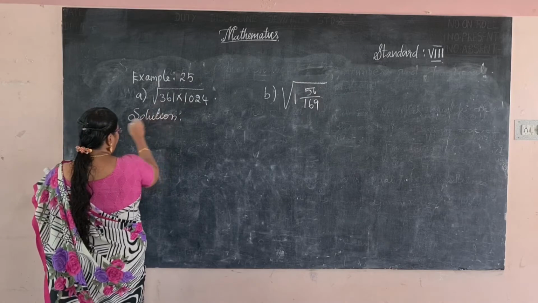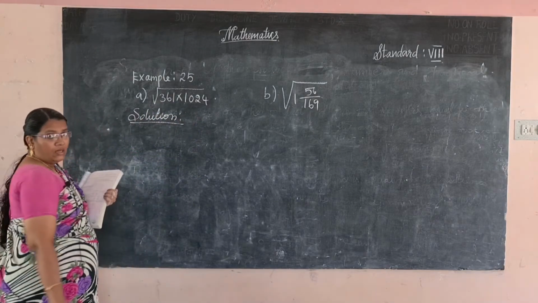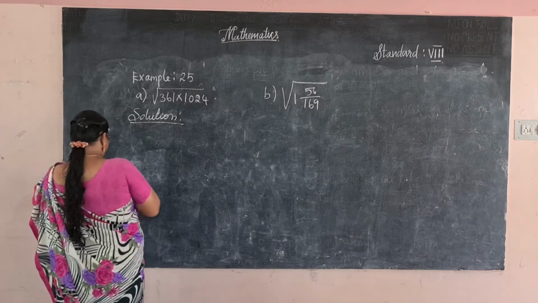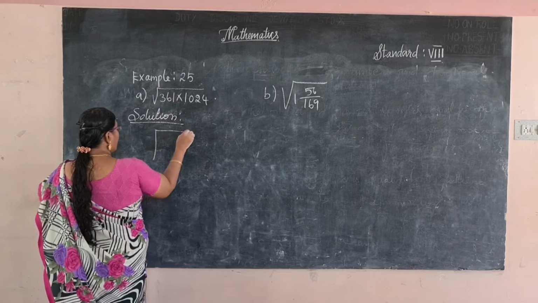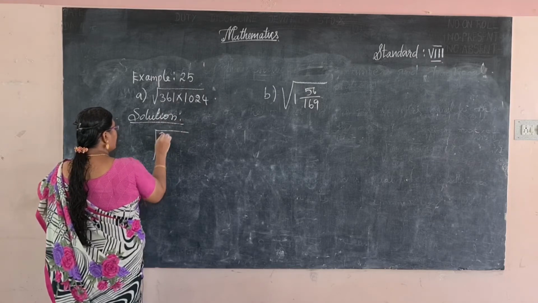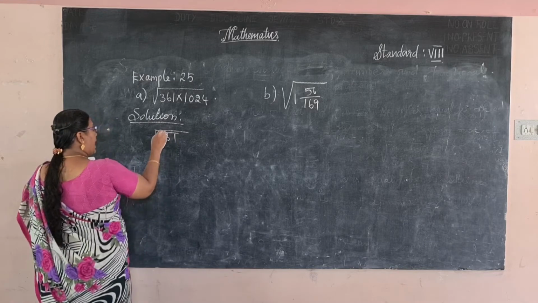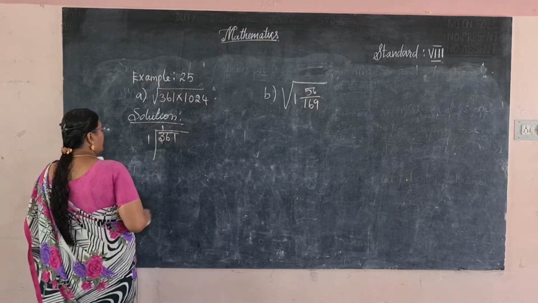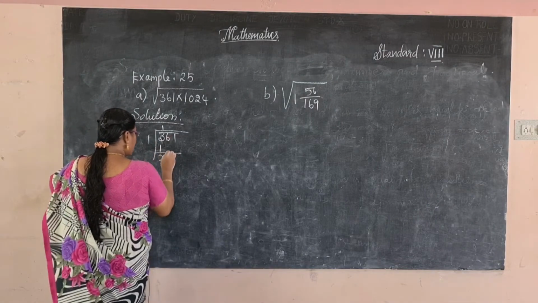Solution. We use the long division method, or any one method, to find the factors. Here, 361: using the long division method we can find it easily. Divide into pairs. How many squares? One time, 1, remaining 2, 61.